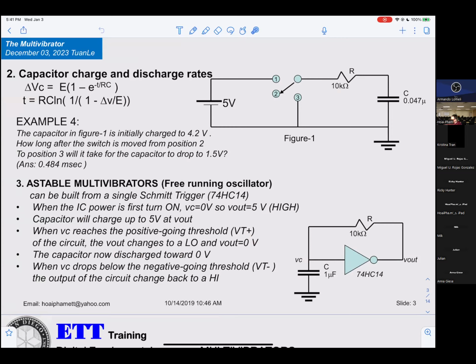However, for this IC, they give you what VT plus equals, and also VT minus. That means logic 1 at VT plus, and at VT minus it will be logic 0.